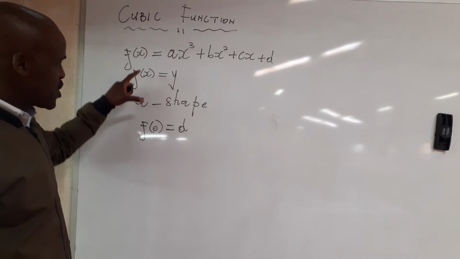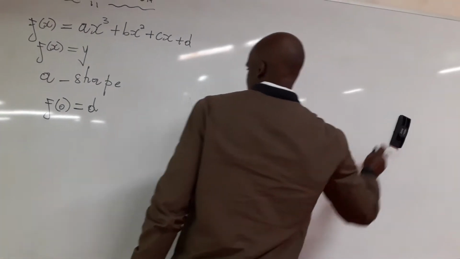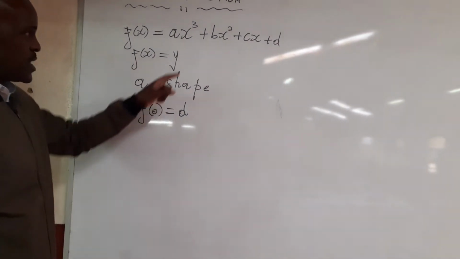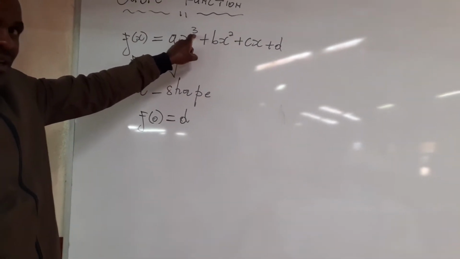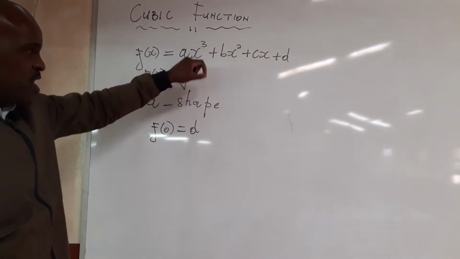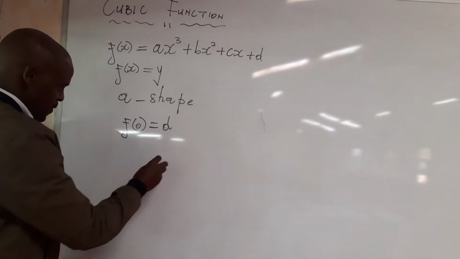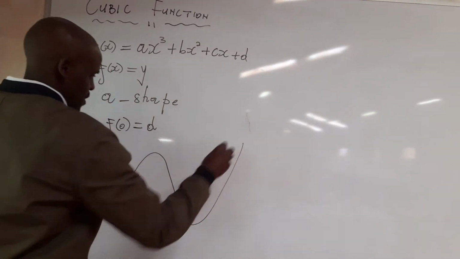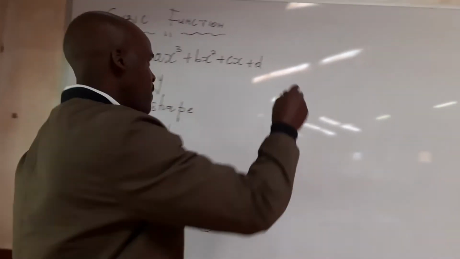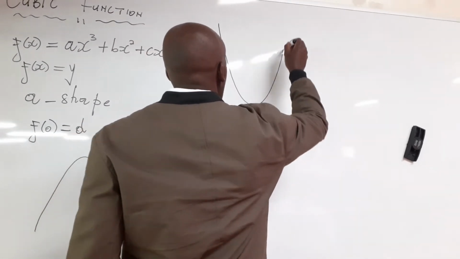There are some different shapes of this kind of graph. This graph, as you can see, has got x cubed up there. So it's a cubic function or a cubic polynomial. Therefore, it has got 2 turning points. It might be looking like that, or you might find it in this shape.